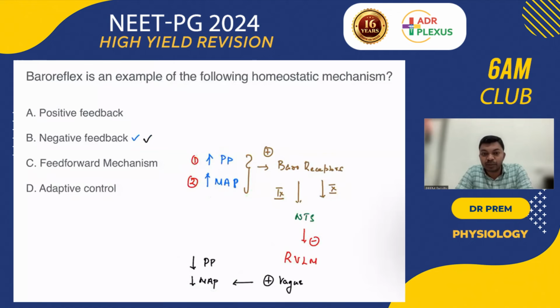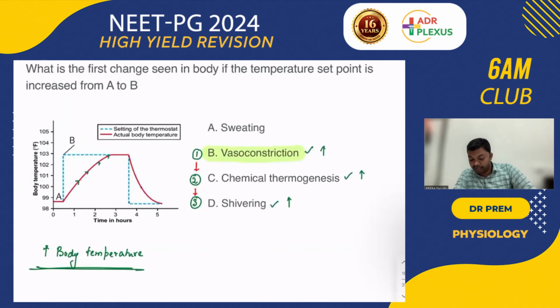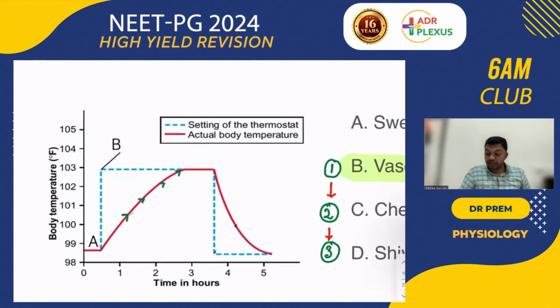Good. So there was a doubt. If temperature set point is increased, our body response is to cool, then why is it not sweating? Okay. Dr. Tangadi, if you look at this image, the temperature set point, please remember, let me make it simple.